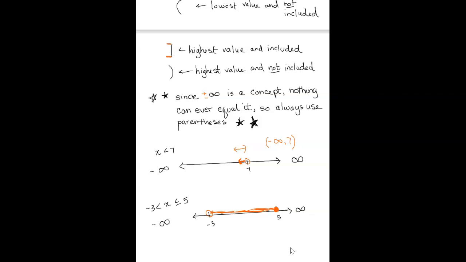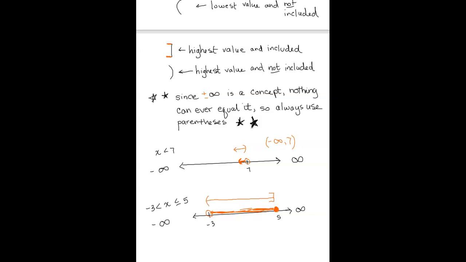There are my values in between. Now I could do something similar to this. I could say I have an opening paren, and I have a square bracket here, and my values are everything in between. And again, if you think about it, this is exactly the same statement.